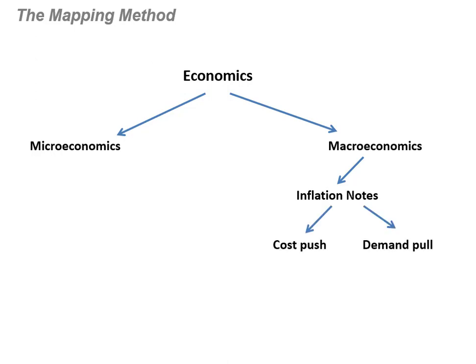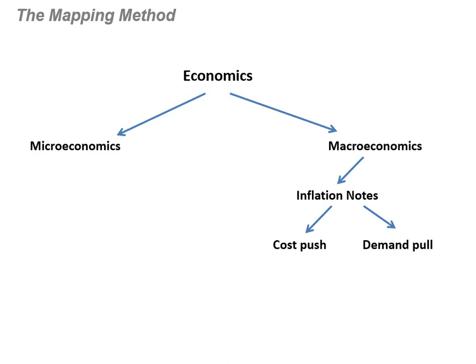And now I'm saying it's split into two parts: cost push inflation and demand pull inflation. Two types of inflation. Again, if an economist was here, there would be a big dispute and they'd say there is no such thing as cost push and everything's demand pull and so on. But let's leave that. Just for the purpose of this exercise, in mapping, I'm talking about the mapping method, let's just say there are two types of inflation.